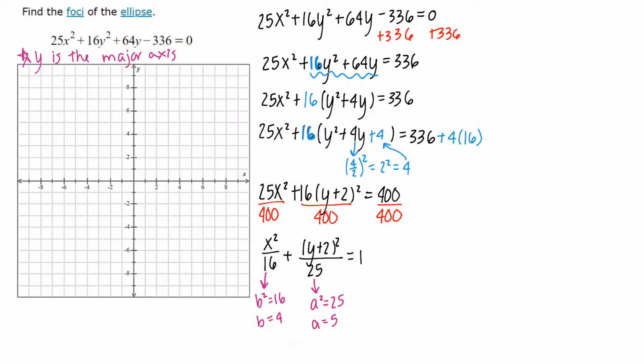We know that the center has an x-coordinate of 0 and a y-coordinate of -2. So the center is at 0, -2. So why don't we go ahead and plot that?